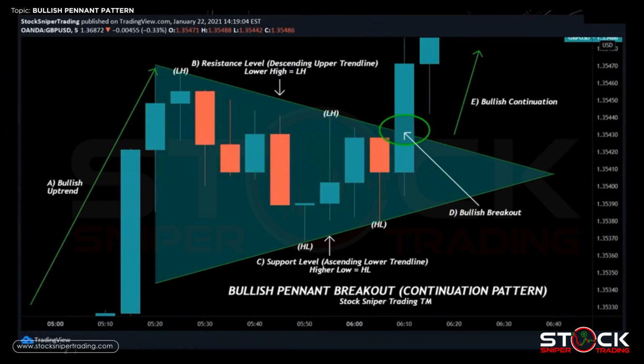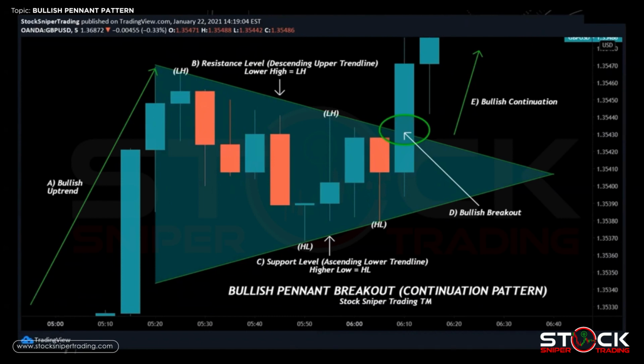We can see the big bullish engulfing candlestick, and we continue to come up until we encounter some resistance at B, where we get a resistance level, and it is a descending upper trend line where we are making lower highs. At C, we eventually reach a support level, which creates our ascending lower trend line where we are making higher lows on our bottom support.